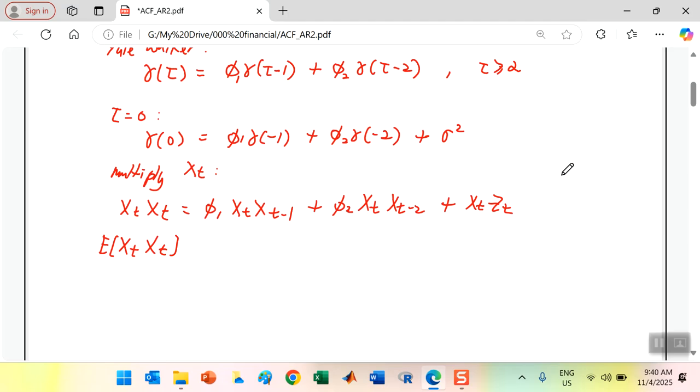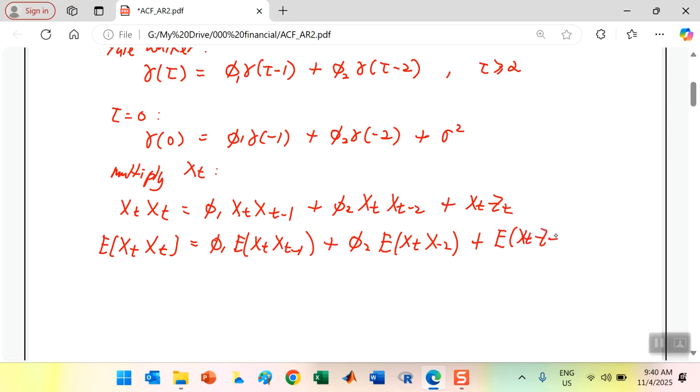So for the variance, you have constants, take them out, you have expected value of xt and xt minus 1, then xt and xt minus 2, then you have E of xt and zt, which basically are not correlated.